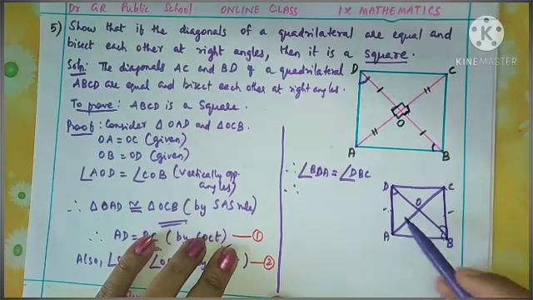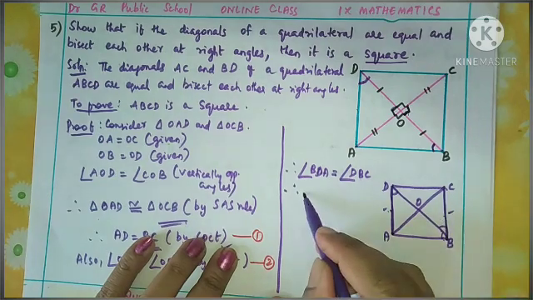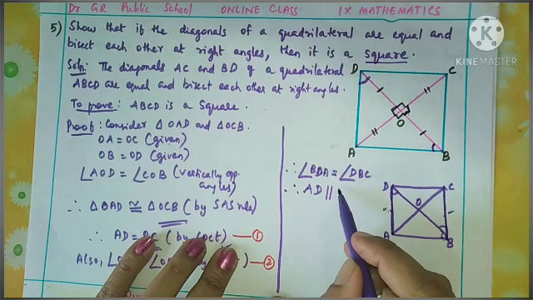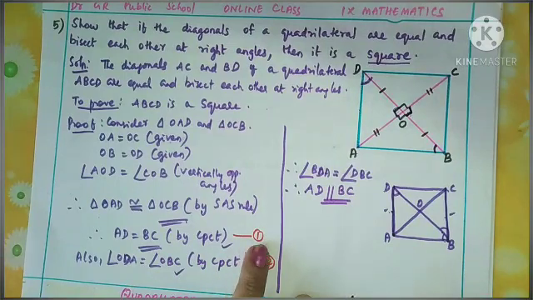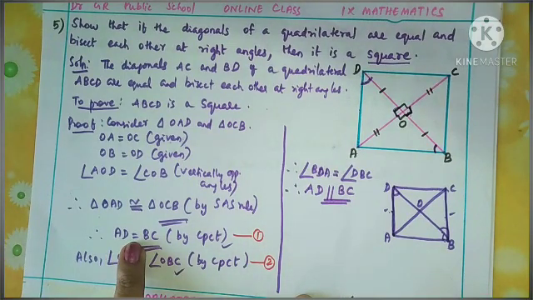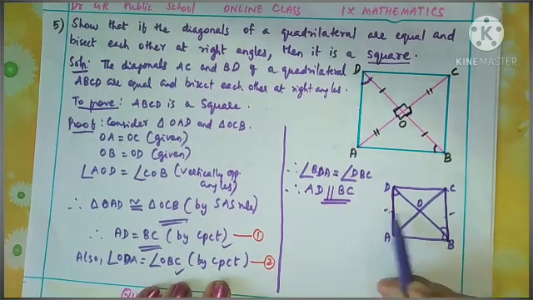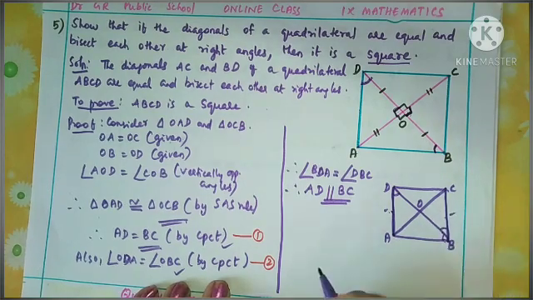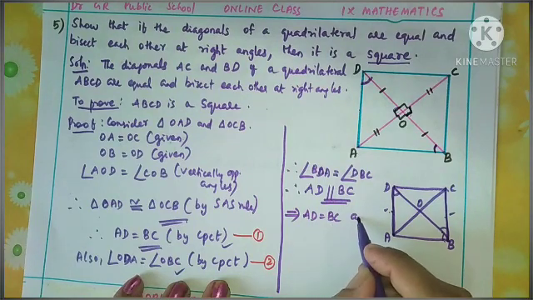Therefore we can say these two opposite sides are parallel. Therefore AD parallel to BC. Understand? So already from our first result AD is equal to BC, and now we proved AD parallel to BC. What is the meaning? The two opposite sides are equal and also parallel. So hence this implies AD is equal to BC and AD parallel to BC.